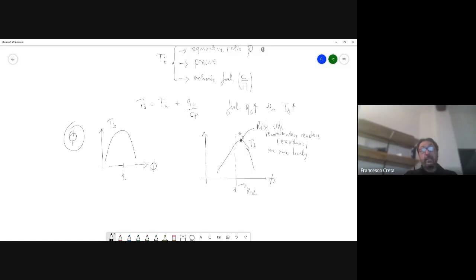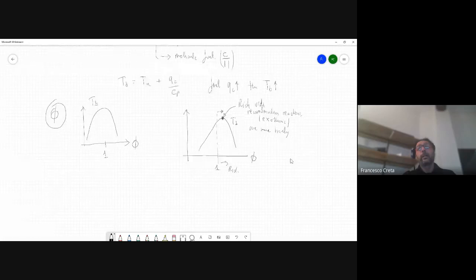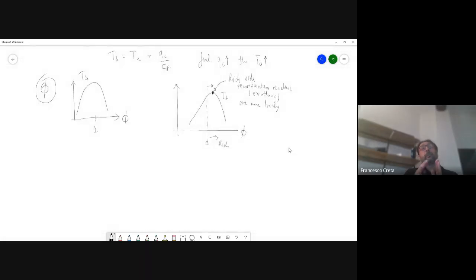I'll try and explain this intuitively. If the recombination reactions are more likely on the rich side, clearly, because they are exothermic, they will make the adiabatic flame temperature higher. Now, the problem is, why are recombination reactions more likely?